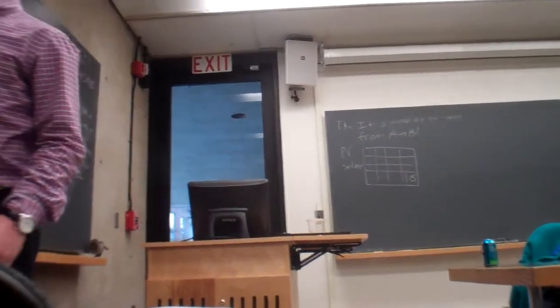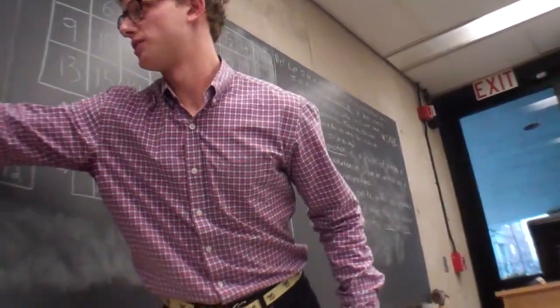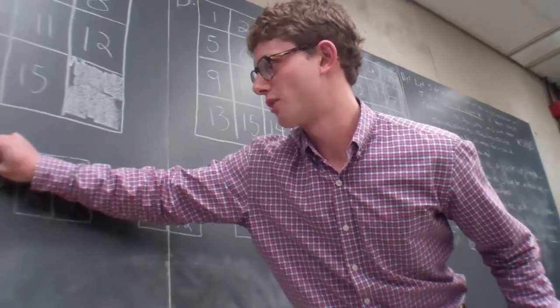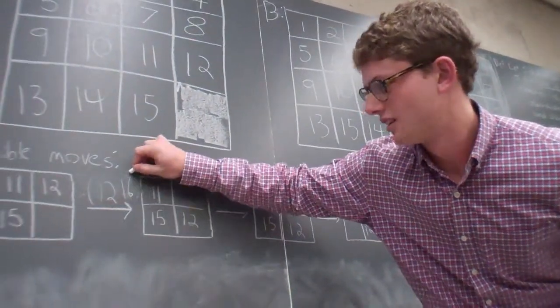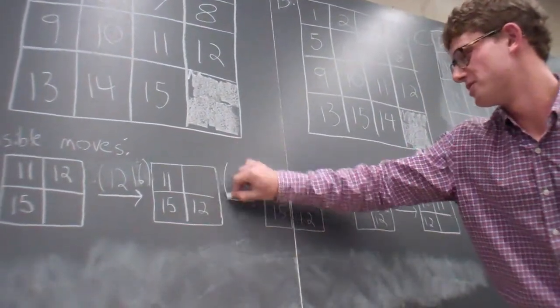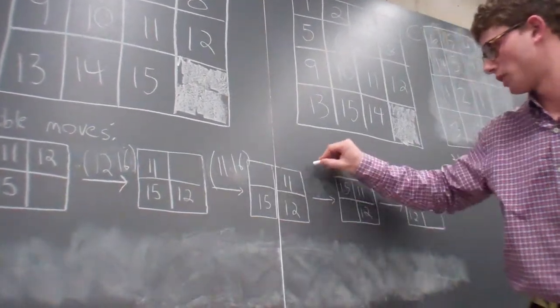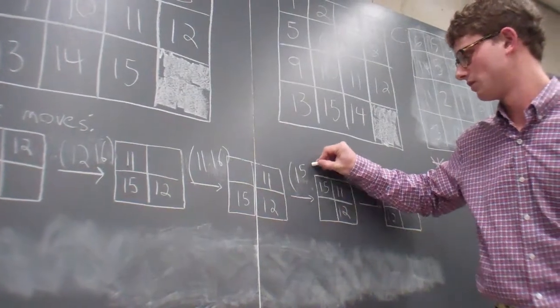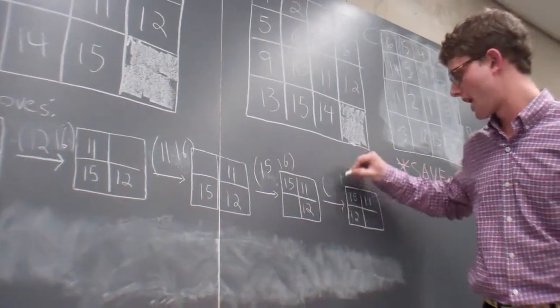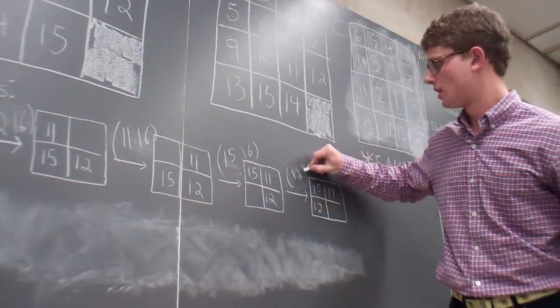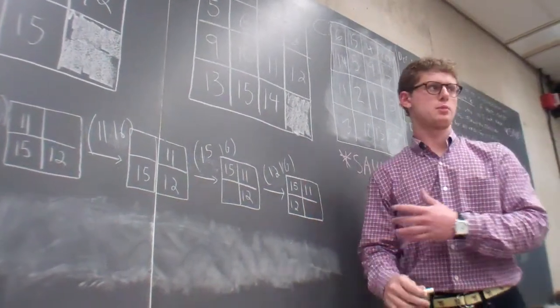So here we see that this move is a transposition of 12 and 16. This move is a transposition of 11 and 16. Here we have 15, 16. And finally, we have 12, 16. So that's one way of describing this process.